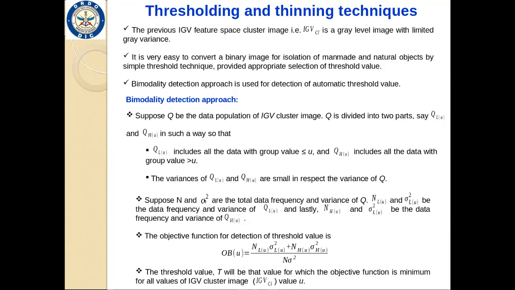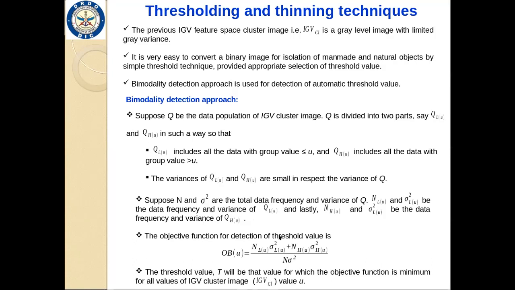Now suppose n and sigma squared are the total frequency and variance of Q. Similarly, we find NLU and sigma squared LU, the frequency and variance for the QL cluster, and likewise for the QH cluster.